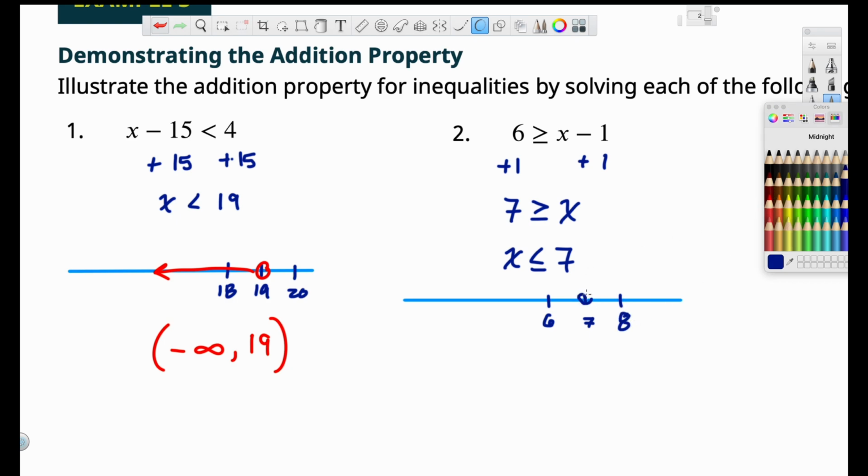So I'm including 7 and everything less than. If I write this in interval notation, it's negative infinity to 7. We're including 7, so I'm going to use a bracket.